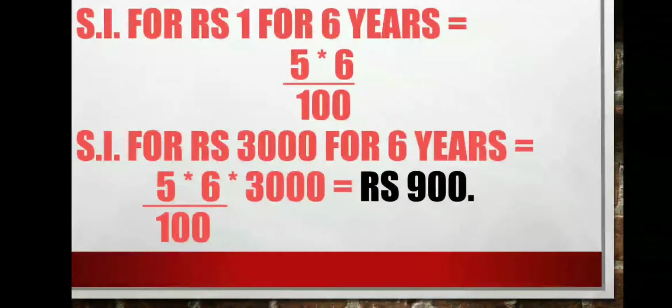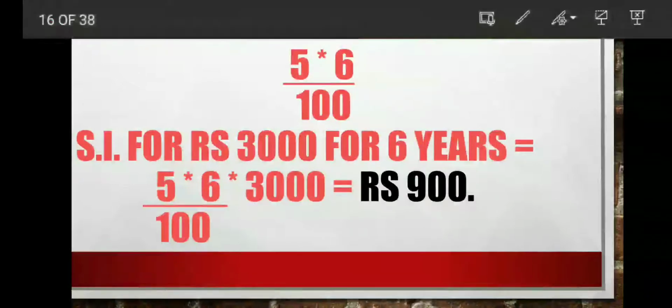Therefore, simple interest for rupees 1 for 6 years would be 5 into 6 by 100, and simple interest for rupees 3000 for 6 years would be 5 into 6 divided by 100, the whole multiplied by 3000, which comes to rupees 900.